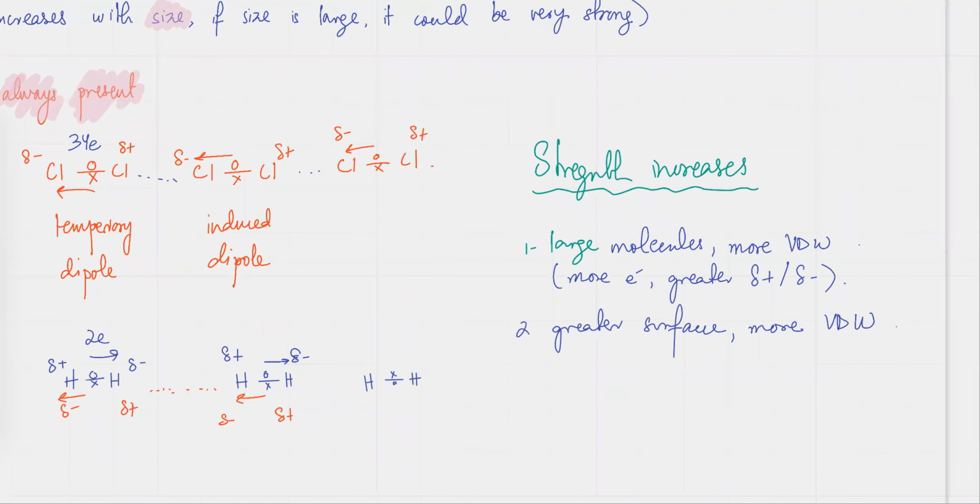What I mean by greater surface area is that if you have a molecule, especially an organic molecule, that's really big and it's spread out, then it's obviously going to collide or interact with other molecules more, because the shape is such that it's got a pretty big surface area. So it's going to have more collisions, and more electrons are going to get knocked out. That would result in the formation of more temporary dipoles and induced dipoles as well.